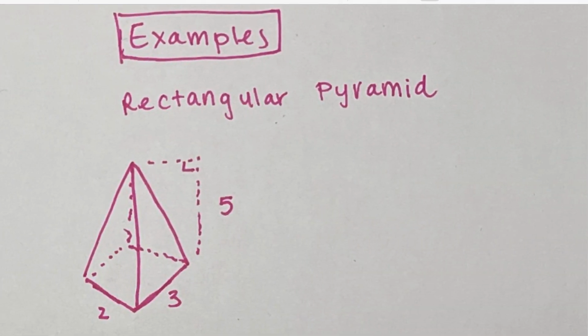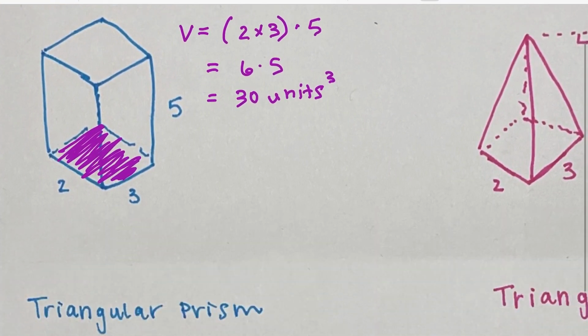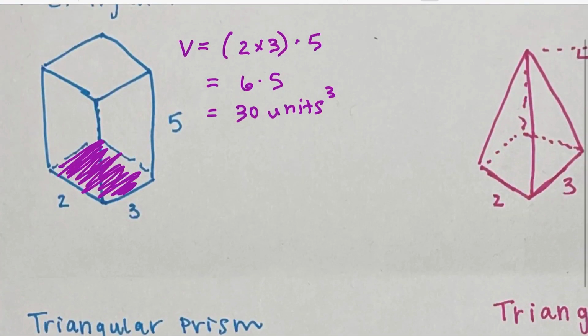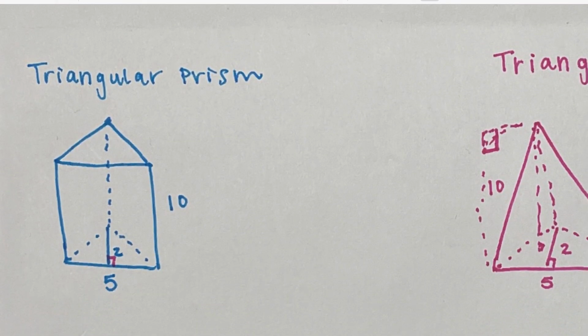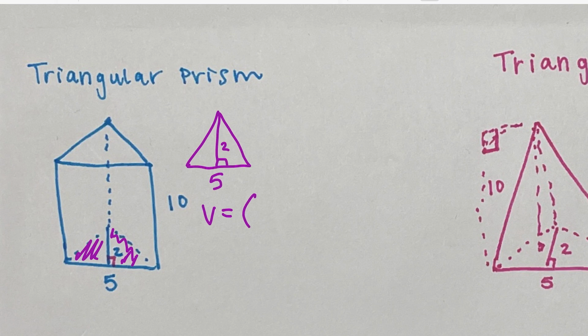Next, we've got a triangular prism. We just did a rectangular prism, and now we're going to do a triangular prism. In this case, let's use this part here. This is going to be the area of our base, and that area is the area of a triangle that looks like this. If you remember, the area of a triangle is 1/2 times the base of the triangle times the height of the triangle.